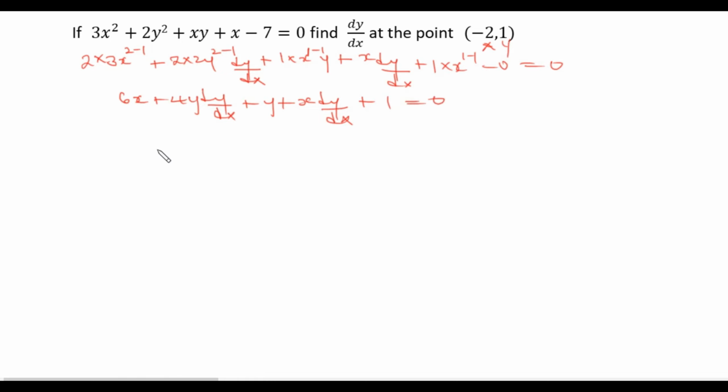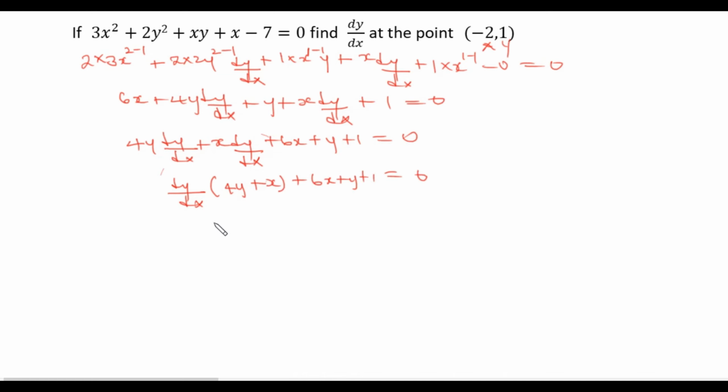So we bring the dy/dx terms together: 4y dy/dx plus x dy/dx, and then we write plus 6x plus y plus 1, all equal to 0. Factorize dy/dx out. We have (4y plus x) dy/dx.